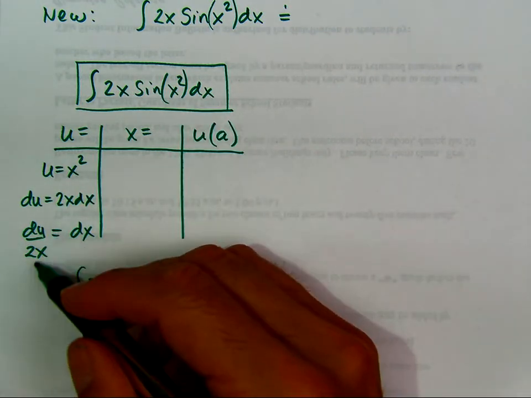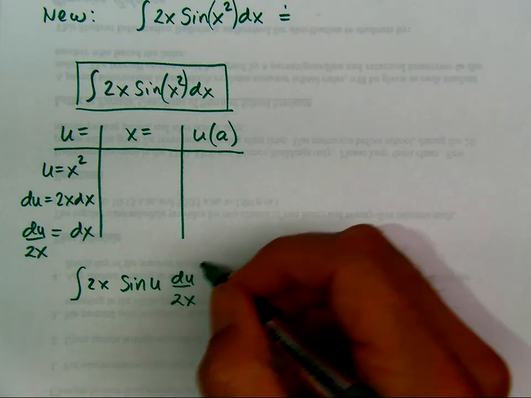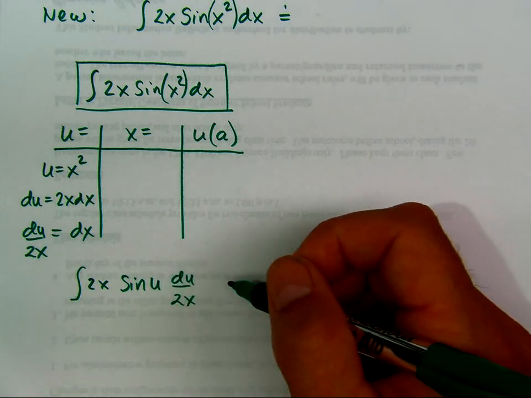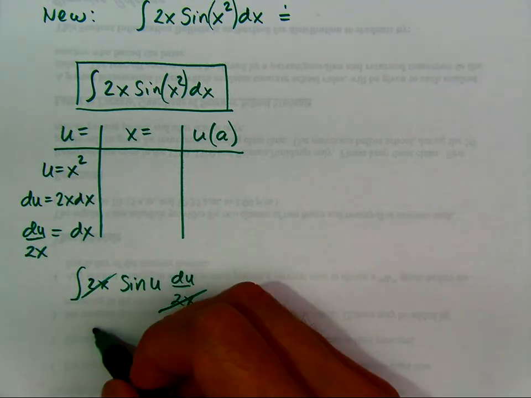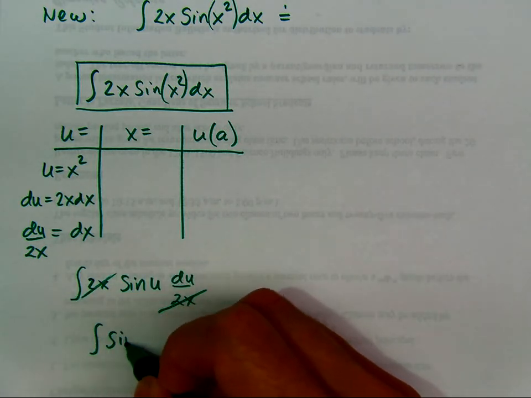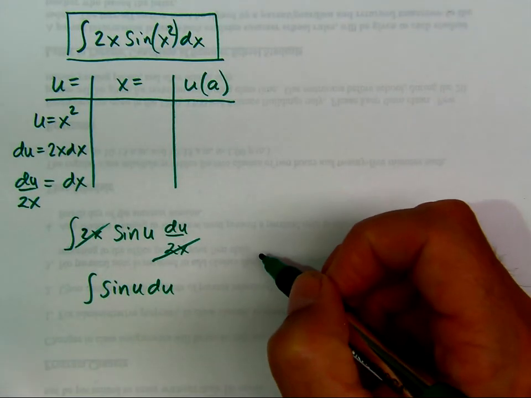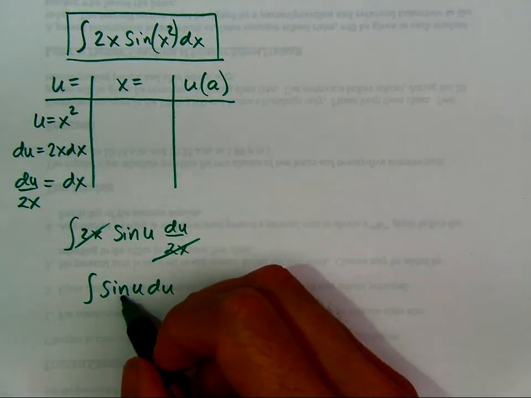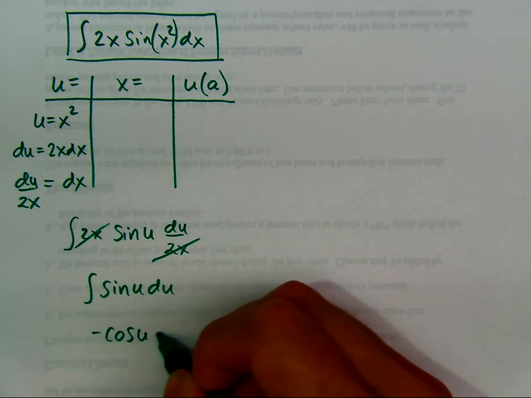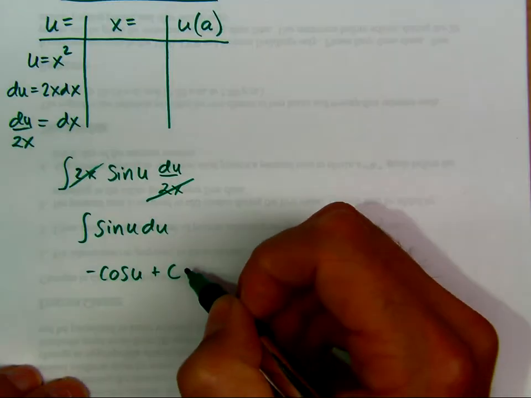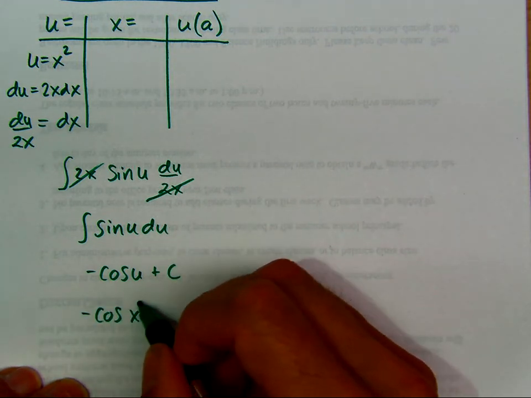Dx is du over 2x. And hopefully all of the x's cancel and we're left with an integral that only has u in it. And now we can do the antiderivative of sine is negative cosine, and we know that u is x squared.